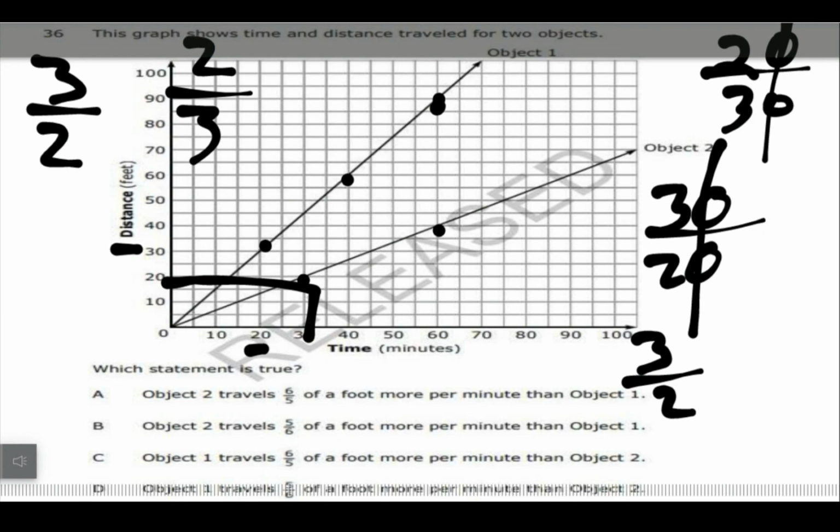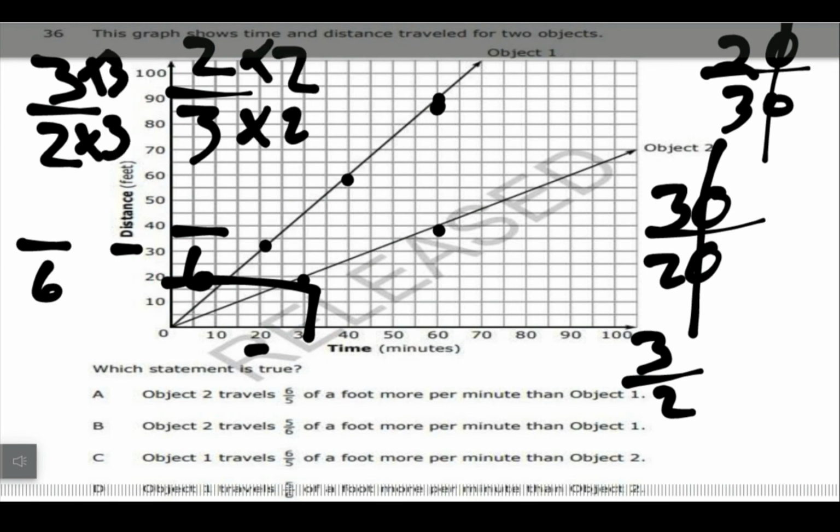So if I make them out of 6, times that by 3, times that by 2, that would give me 9 out of 4, which is 5/6. So object 1 is 5/6 more.